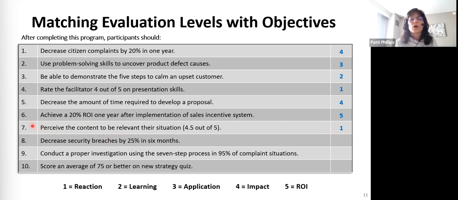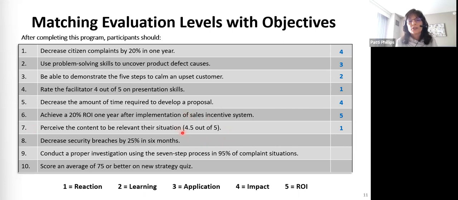And the reason is all we're doing is measuring their perception of it in terms of the relevance to their job. So we're not measuring what they're learning. We're not measuring what they know. We're not measuring what they're doing with what they know, or the impact of what they're doing. We just want to know, what do you think? Is it relevant to the job?